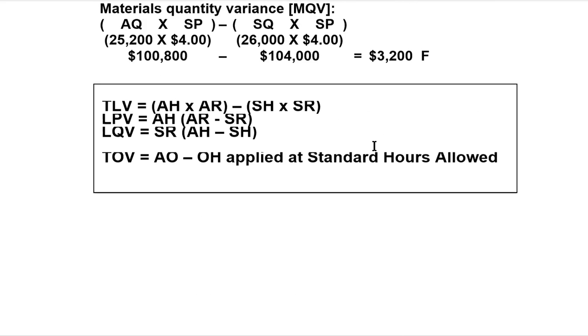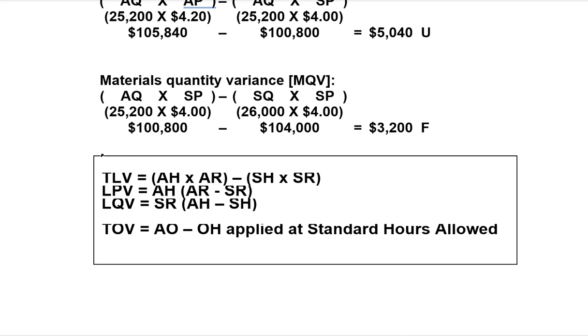Quickly wrapping this up, I just wanted to show you that for the direct labor, the process would be the same. And so the total labor variance would be actual hours times actual rate minus standard hours multiplied by standard rate. The labor price variance, which is analogous to the materials price variance, some people would refer to as the labor rate variance.